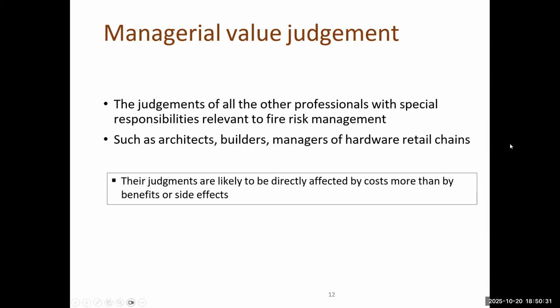Maybe some of you hold these kinds of roles in a building or as managed professionals. Their perspective on residential sprinklers will be directly affected by cost, often more than by the benefits. So understanding these four perspectives is essential for anyone hoping to successfully implement a fire safety measure, as you must navigate this landscape of conflicting values.